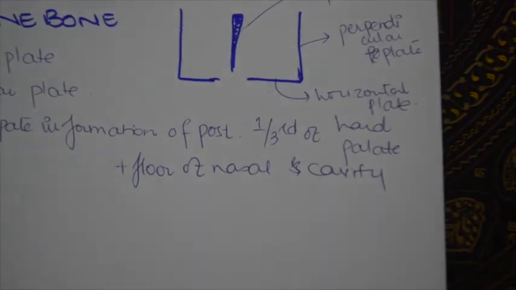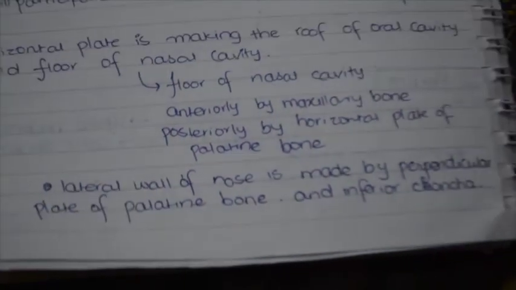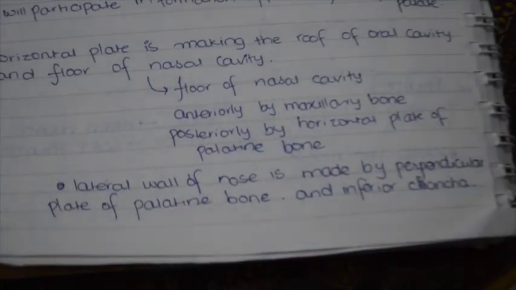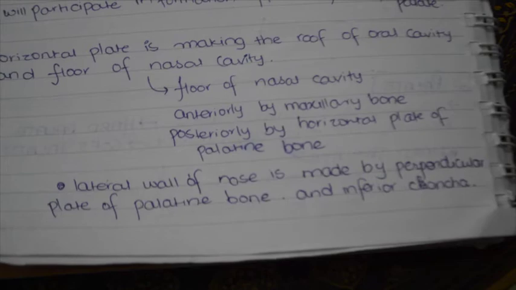The floor of the nasal cavity anteriorly is formed by the maxillary bone, and posteriorly it is formed by the horizontal plate of the palatine bone. And the lateral wall of the nose is made by perpendicular plate of the palatine bone and inferior concha.